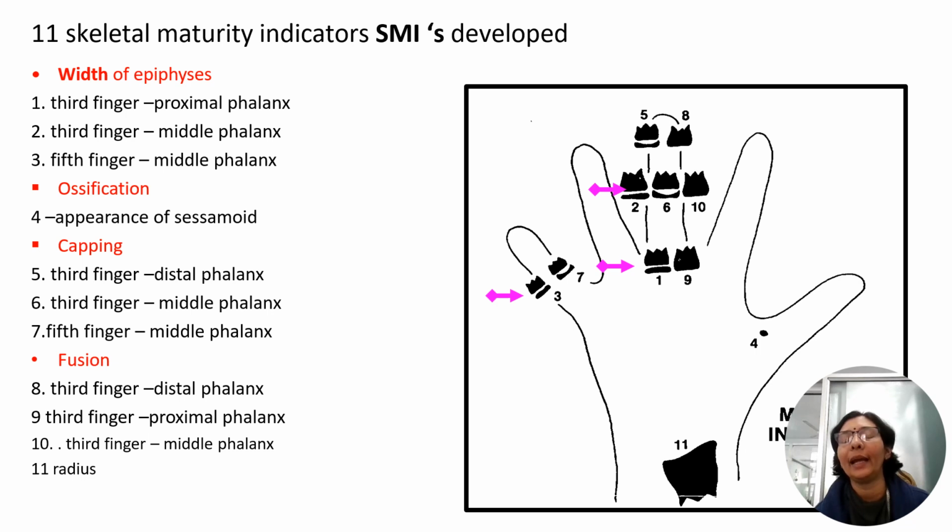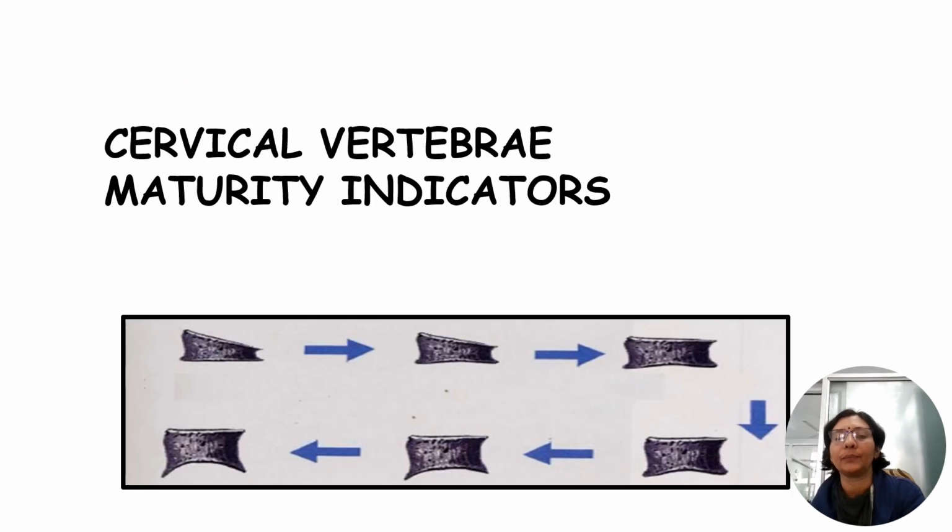You can see 8, 9 and 10. Okay, so this is a distal, then proximal, then middle phalanx. So fusion of epiphysis and diaphysis in this will be categorized almost close to growth completion. And as we have said about Bjork, Grave and Brown, the union of epiphysis and diaphysis of the radius will indicate the completion of growth.